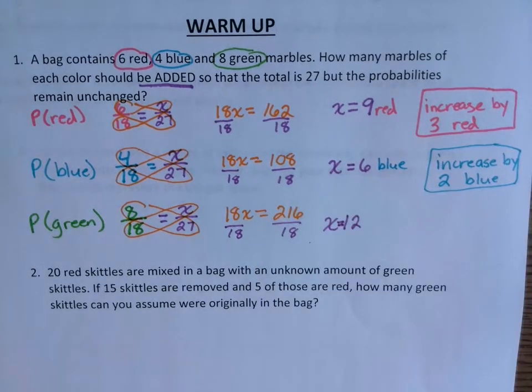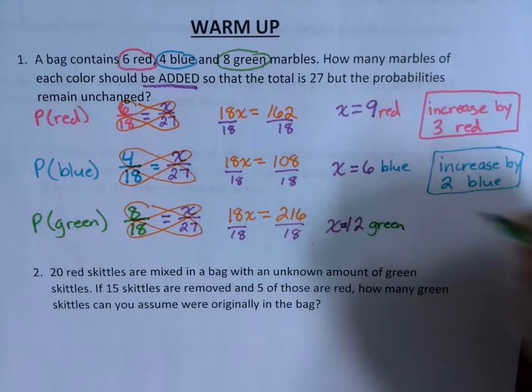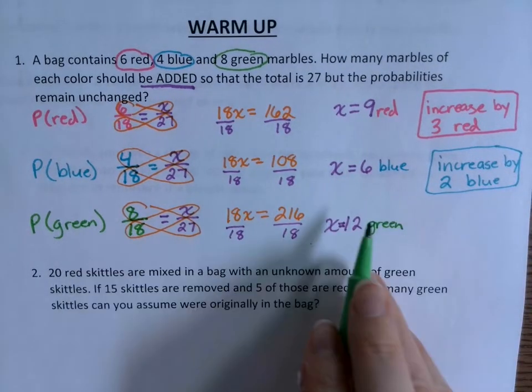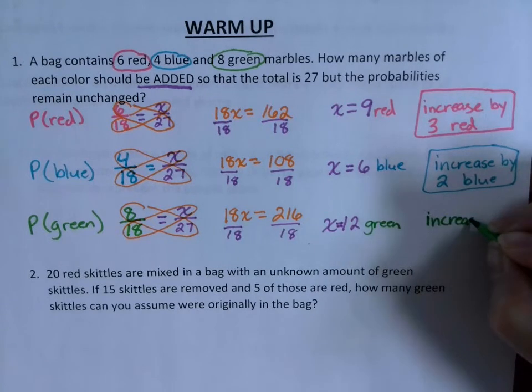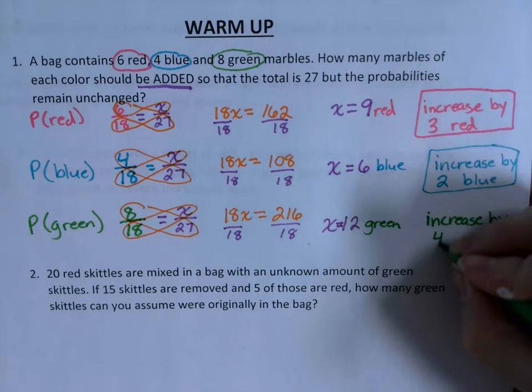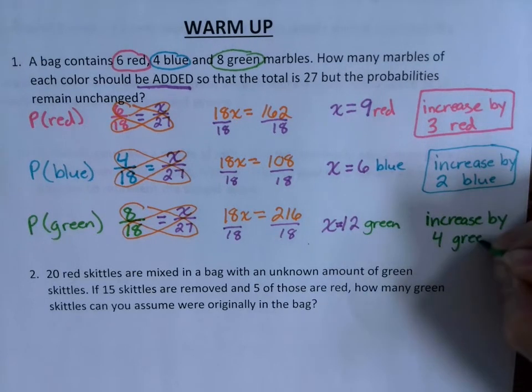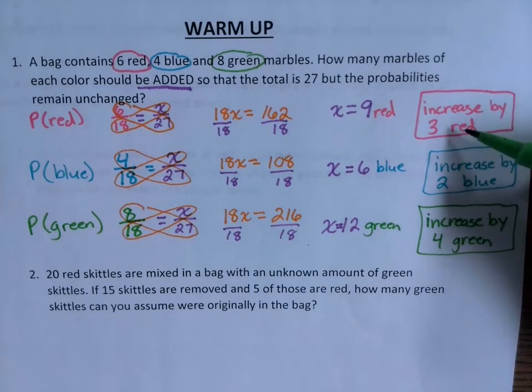So we went from 8 to 12. That means we increased by 4. So we had an increase by 4 green. And that makes sense. 3 plus 2 plus 4 is 9 marbles. So our bag increased by 9 total marbles to get to 27.